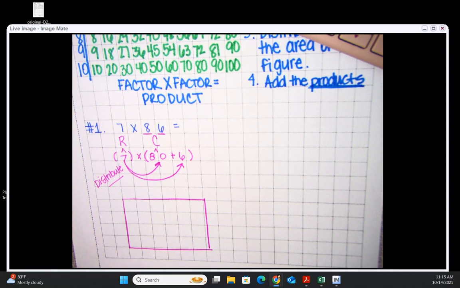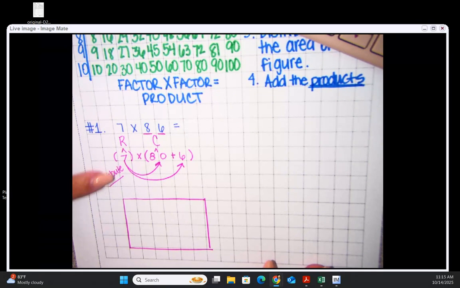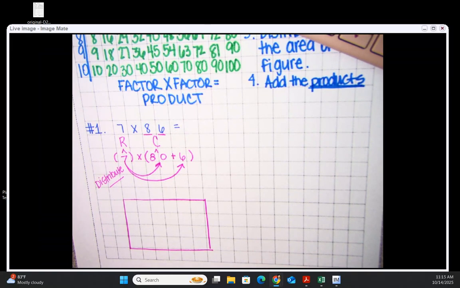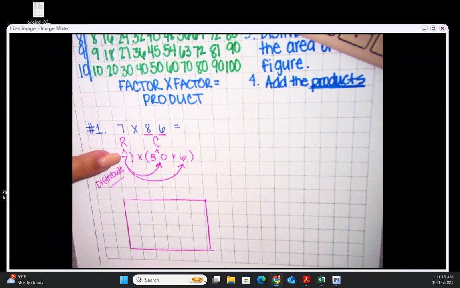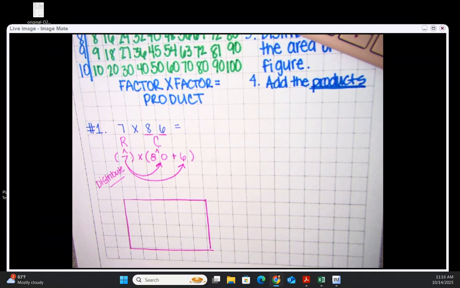Just like length times width, we have rows and columns. My rows, remember, that was the very first thing that I labeled. So just like length times width, I'm doing rows times columns.